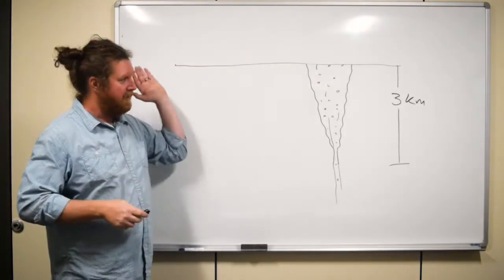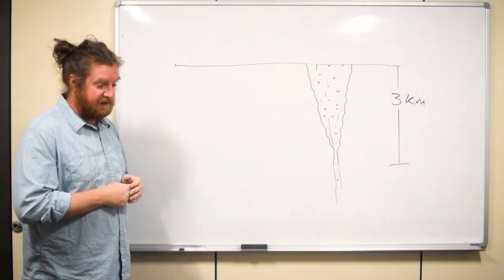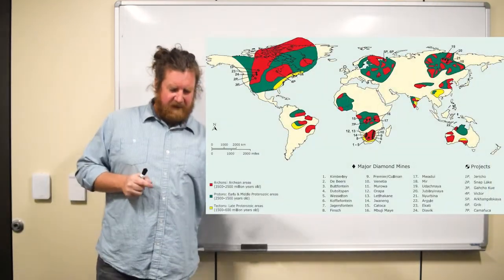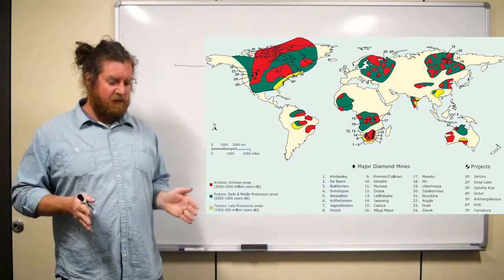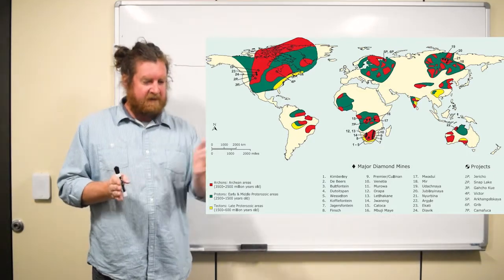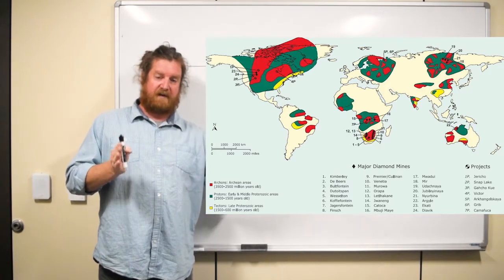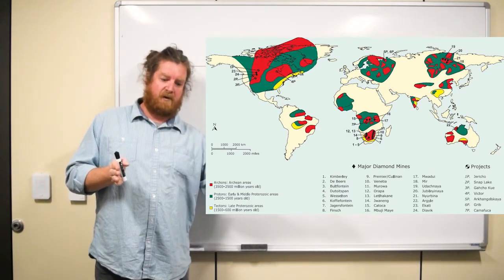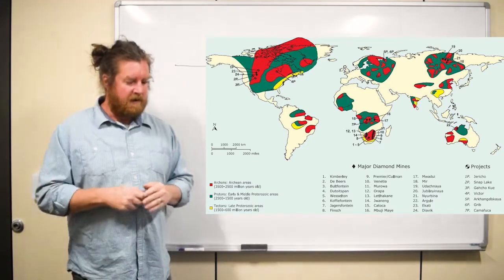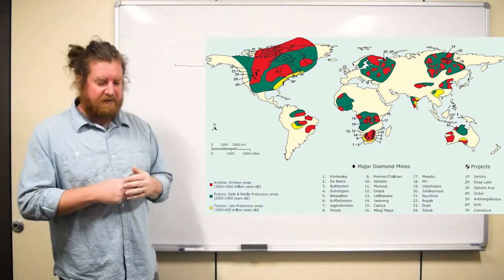On this diagram, Archean rocks are shown highlighted in red. The next phase after that, still pretty old, is the 2.5 billion to 550 million year old rocks. That's a chunk of Earth's history that we know as the Proterozoic. Those rocks are shown here in green.